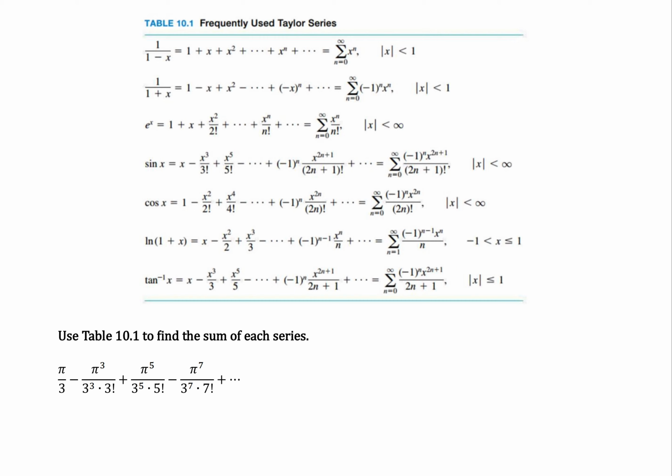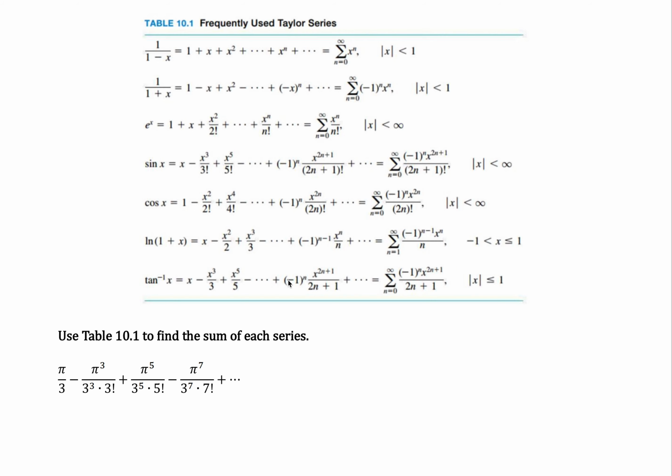So the first one is pi over 3 minus pi cubed over 3 cubed times 3 factorial plus pi to the 5th over 3 to the 5th times 5 factorial minus pi to the 7th over 3 to the 7th times 7 factorial. And if you look at that table 10.1, this hopefully will look familiar, at least familiar enough here with the sine function.